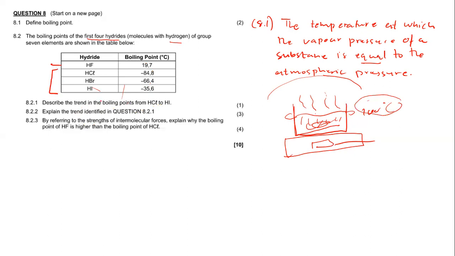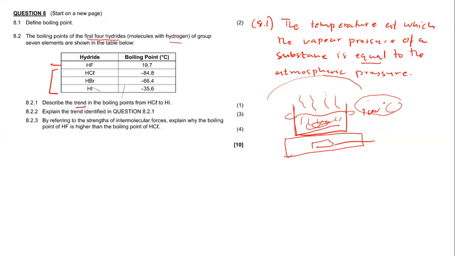Okay? Now, when they say describe the trend, this is what they want from you. Each and every time, guys, when you see the term describe the trend, whatever the trend, they want you to talk about whether a certain thing is increasing, decreasing, or remaining the same.